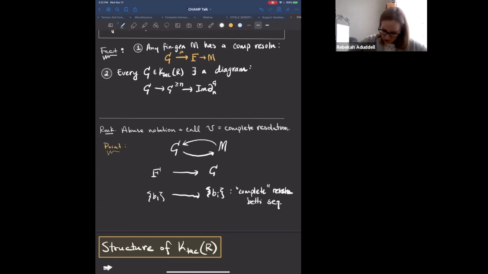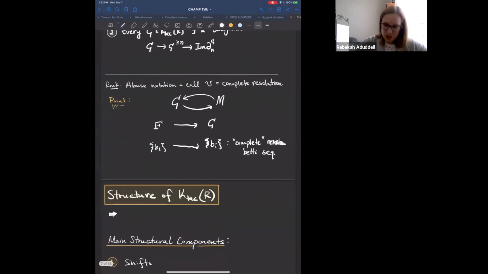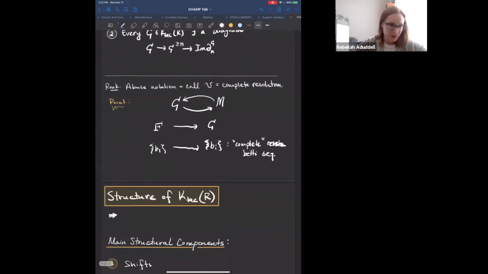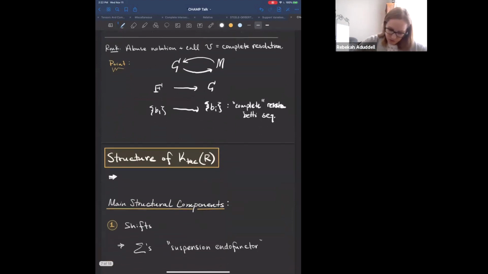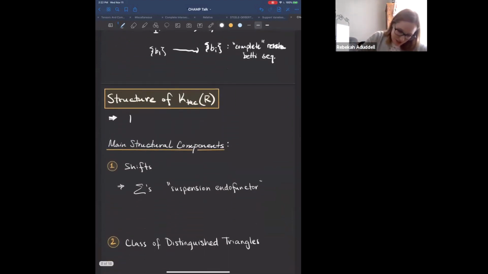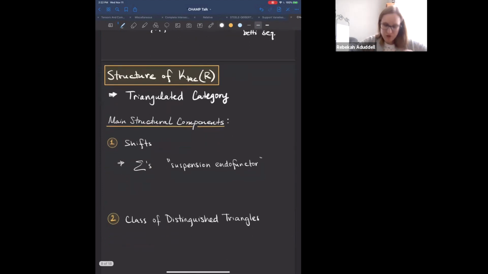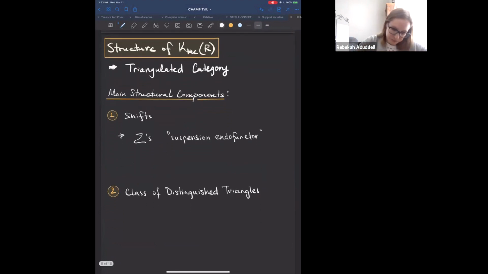Okay. So now I want to talk a little bit about the structure of the category that I'm in. And so the KTAC is a triangulated category. And I'm not going to fully define what a triangulated category is, but I'm going to talk about the main structural components, and then I'll set it aside and come back to this later. But the first main structural component is we have this notion of shifts, or the suspension endofunctor.